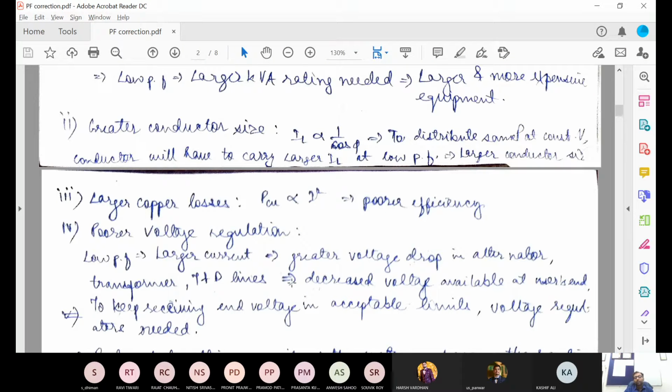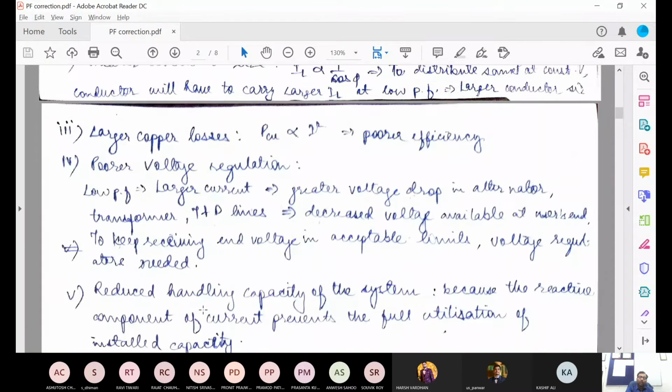So this is also not desirable. You don't want the voltage drop. We have discussed earlier that there are limits, usually plus minus 6% at the final user's end. So this is also an undesirable effect. Low power factor will lead to more voltage drop and decreased voltage available at the user's end. To keep the receiving end voltage in acceptable limits, voltage regulators would be needed, so another expenditure in terms of voltage regulators.